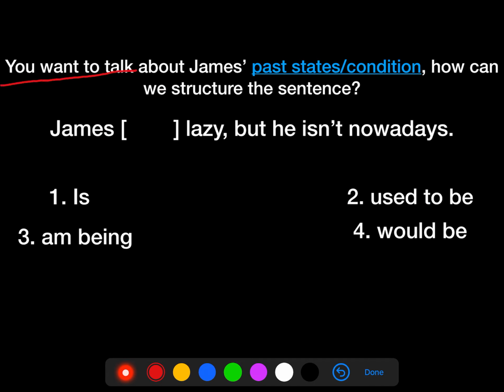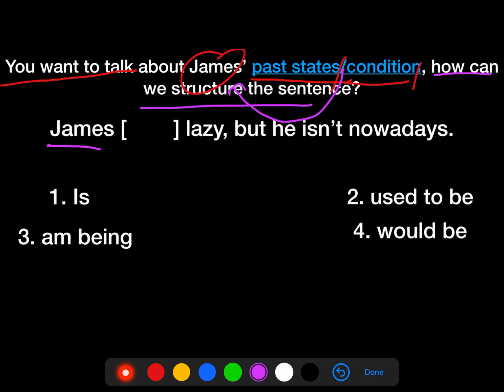So, you want to talk about James' past states and condition. Oh, it means the past version of James. So, how was James like in the past? So, how can we structure the sentence? James was lazy, but he isn't nowadays.